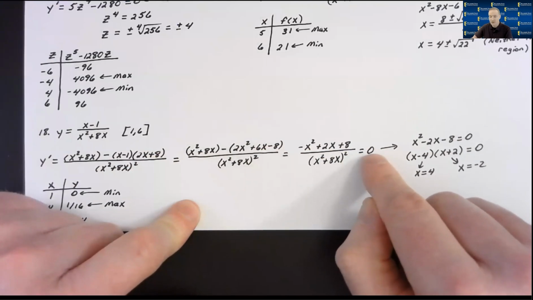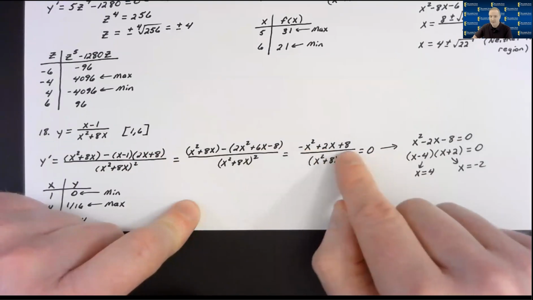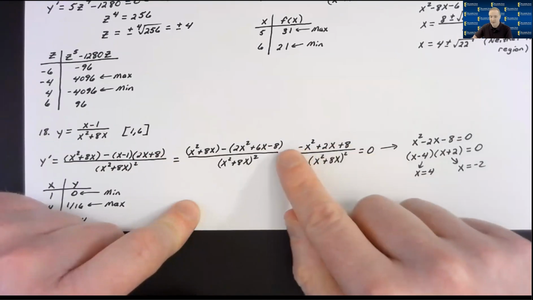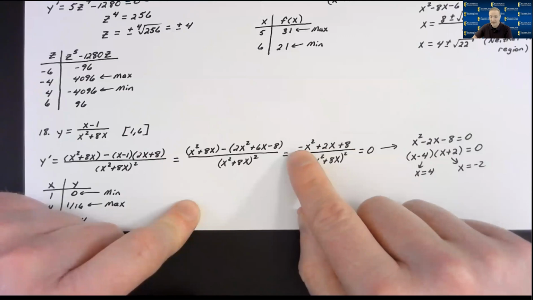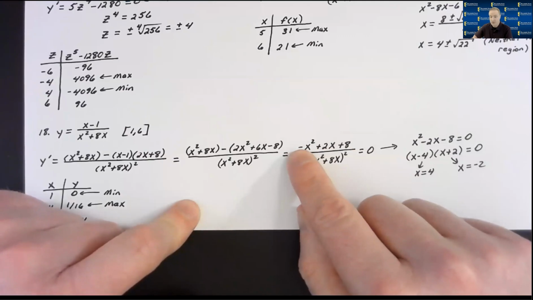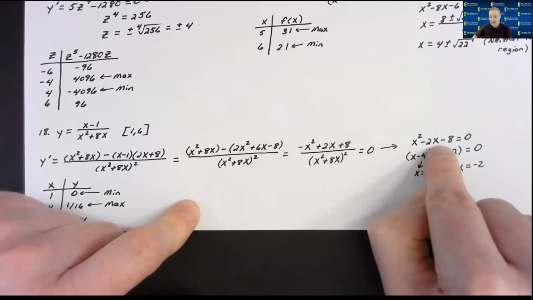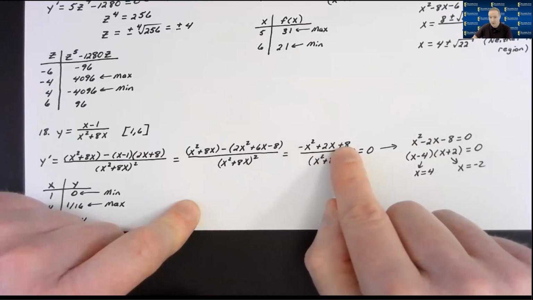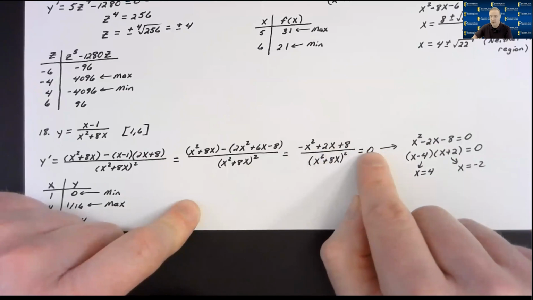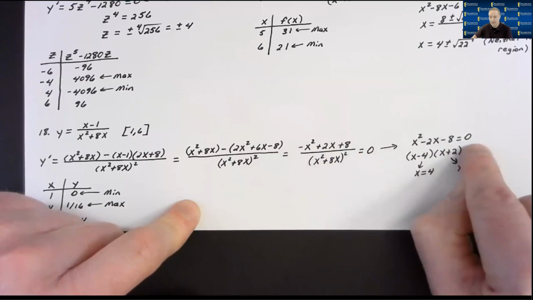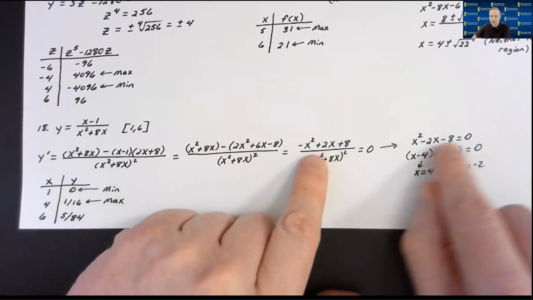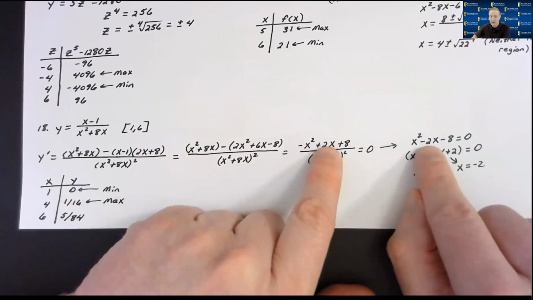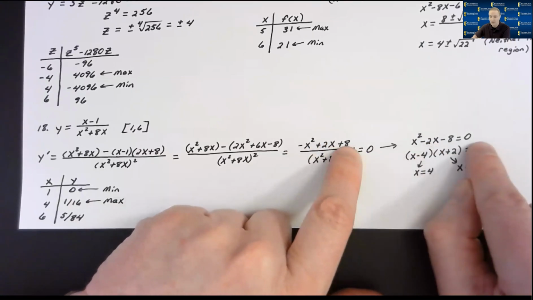I didn't want to set a quadratic equal to 0 with a negative x squared term. So the only thing I've done from here to here is I've just multiplied everything in this numerator by negative 1. You can do that because obviously you can multiply negative 1 on the other side and it's still 0. That's where I got the positive x squared minus 2x minus 8 equals 0.